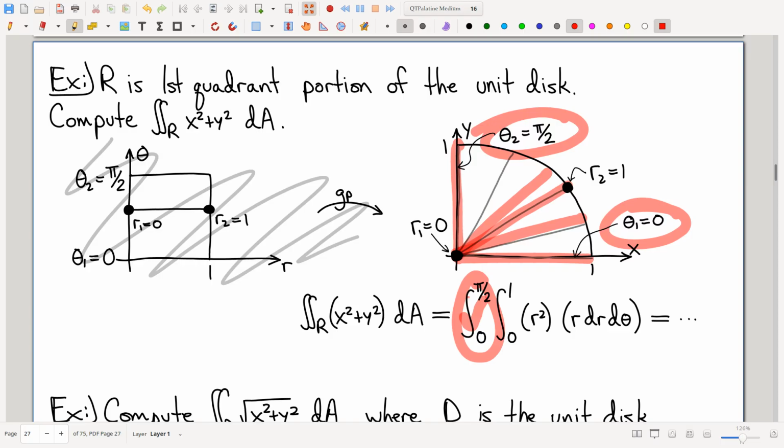Now, do make sure to realize, as you're doing this, if you don't draw the change of variables, I'm going to confess, it can be easy to forget that you're doing a change of variables. And if you forget that, there's the risk that you might forget to include your change of variables stretching factor, which of course is critical.